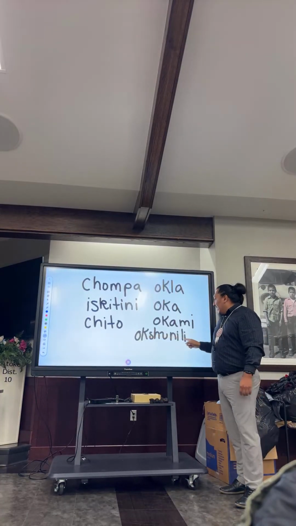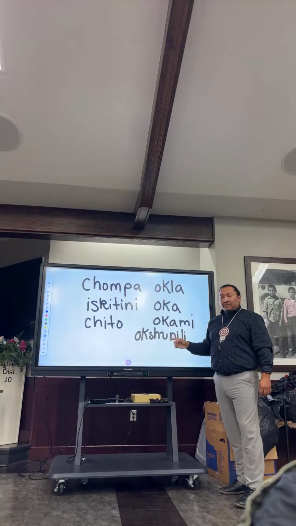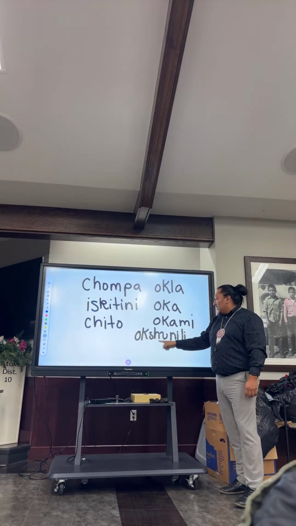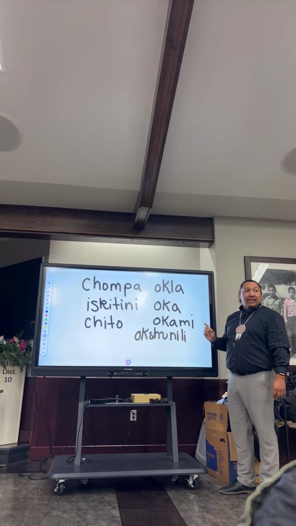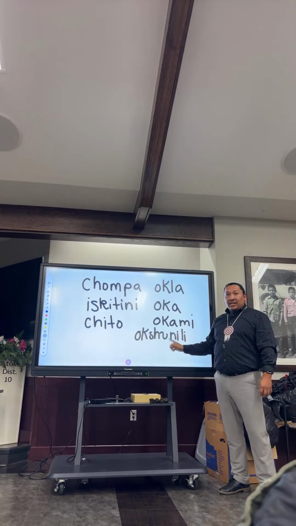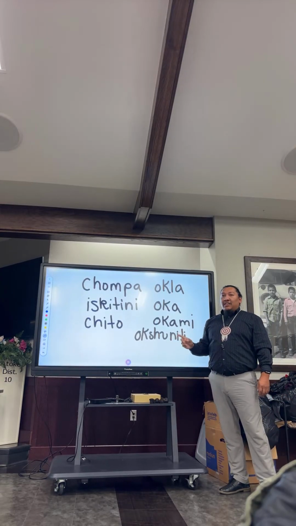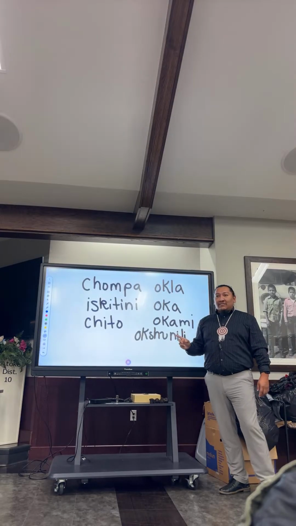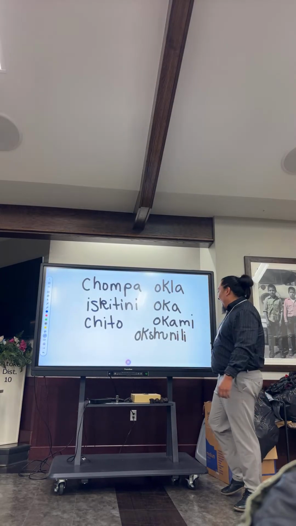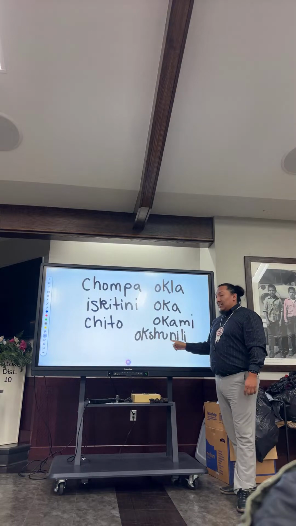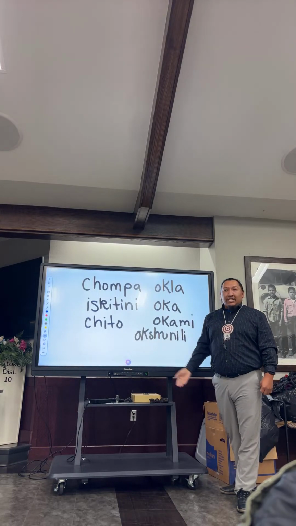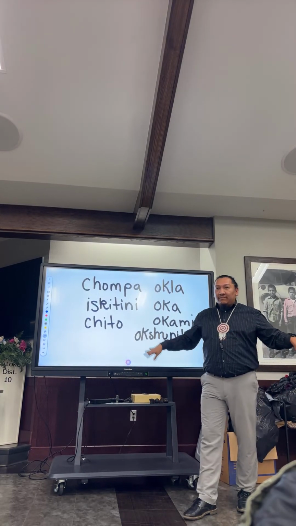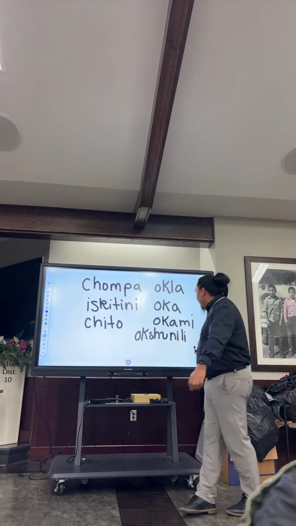This is what I'm trying to have you guys remember always. And then Ukshanile, I think I spelled that one wrong. Ukshanile. Sha, not shoe, not whatever else. Sha. So Ukshanile means to swim.